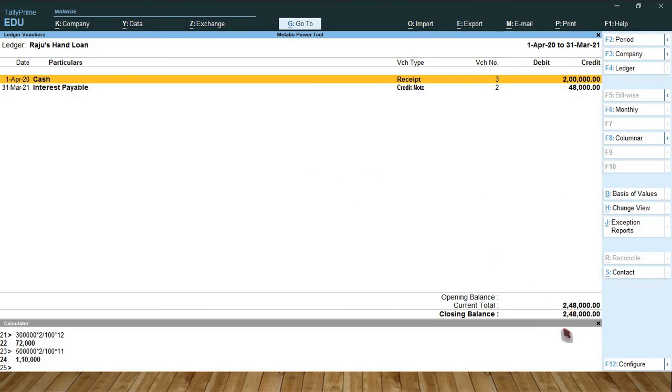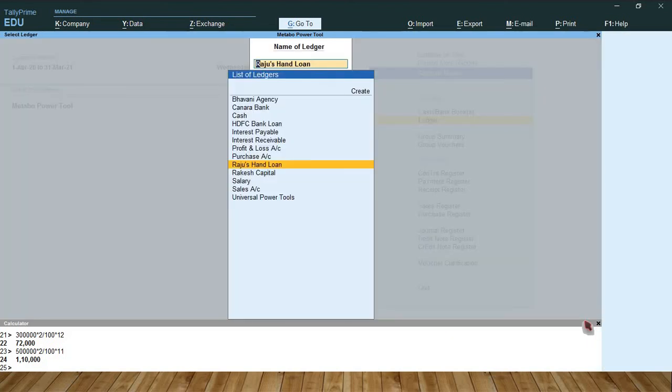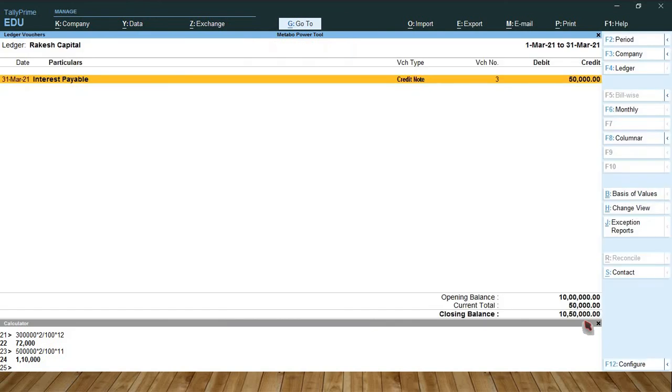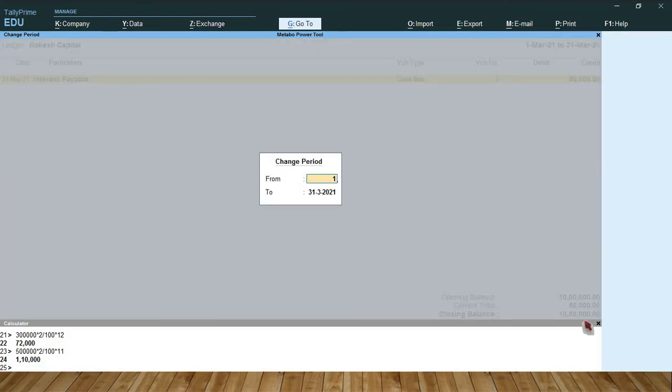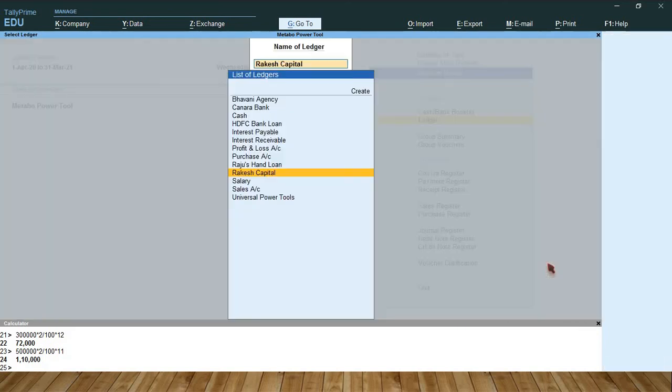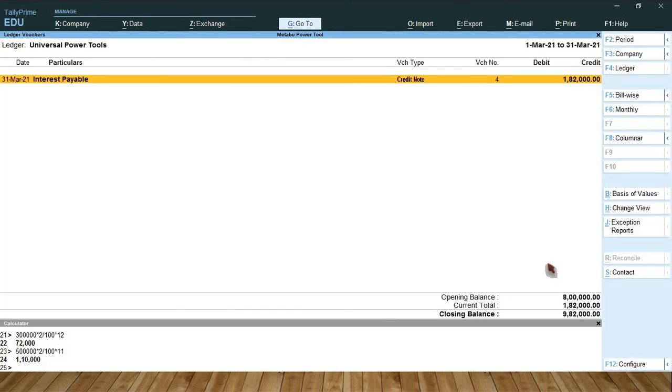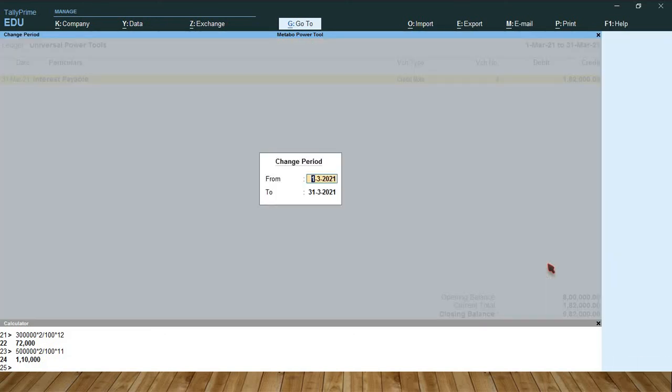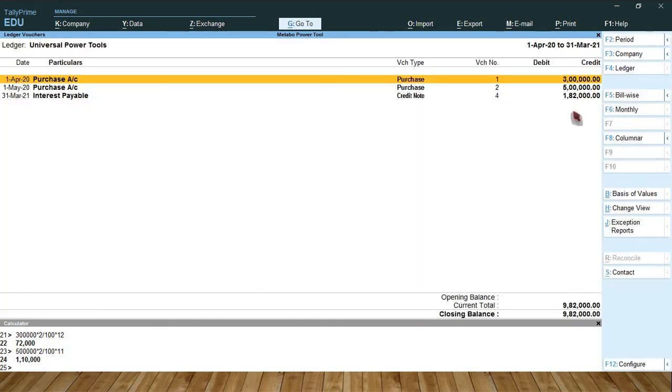So including interest 2,48,000. Rakesh Capital, Alt F2. So including interest 10,50,000. So Universal Power Tools, Alt F2, 1/4. So including interest 1,82,000. The total is 9,82,000.